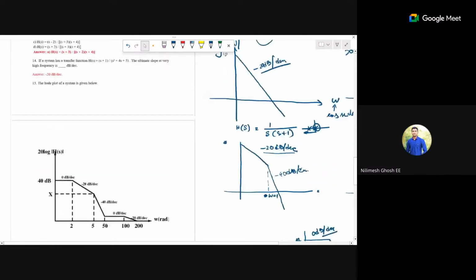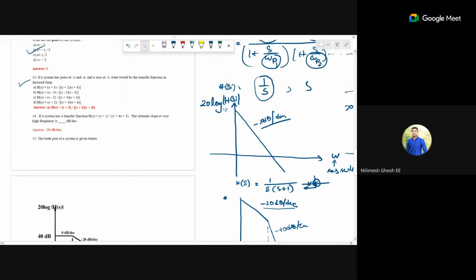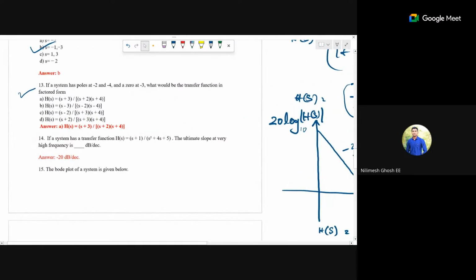So for this 14th question, can you tell me what is the ultimate slope? Minus 20, because we have 1 zero, which means plus 20, and we have 2 poles, which means minus 40. Exactly, very good. Ultimate slope will be minus 20.